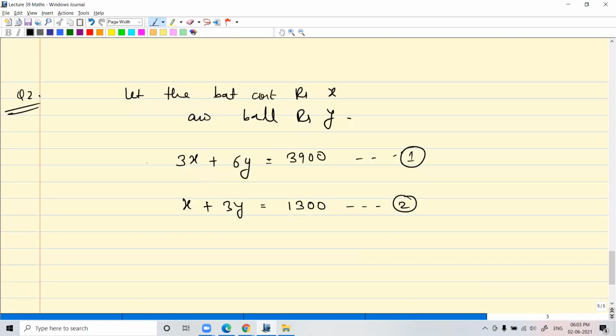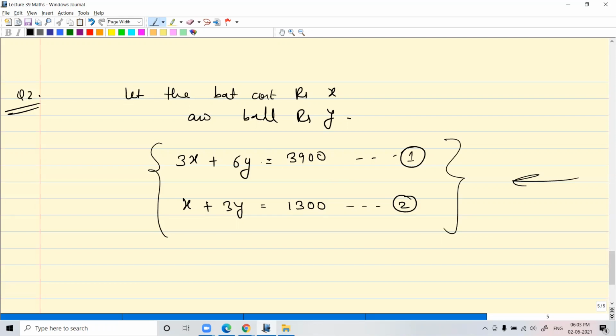Just by looking at these two equations, can anyone tell me what kind of graph, or how many solutions do you think this pair of equations will have? One, sir. It has a unique solution? Yes, sir.